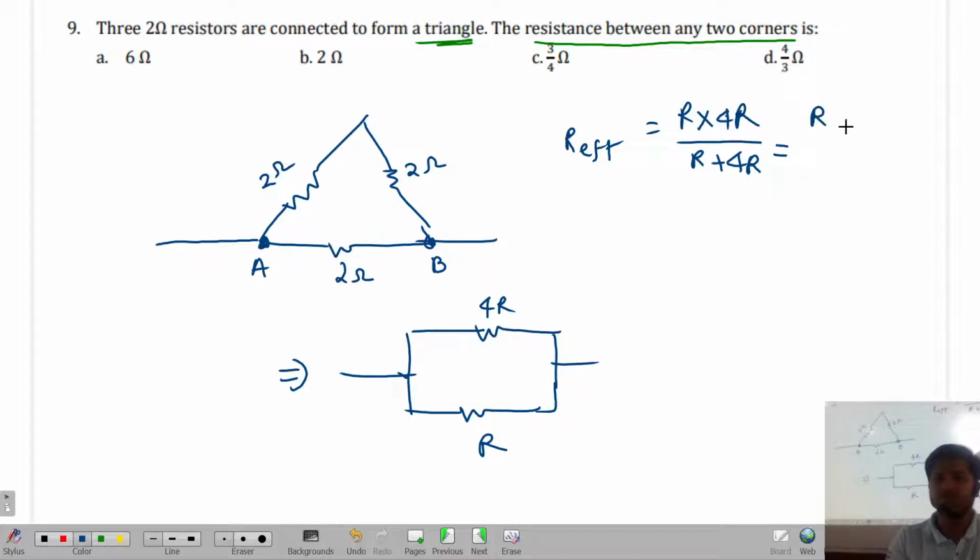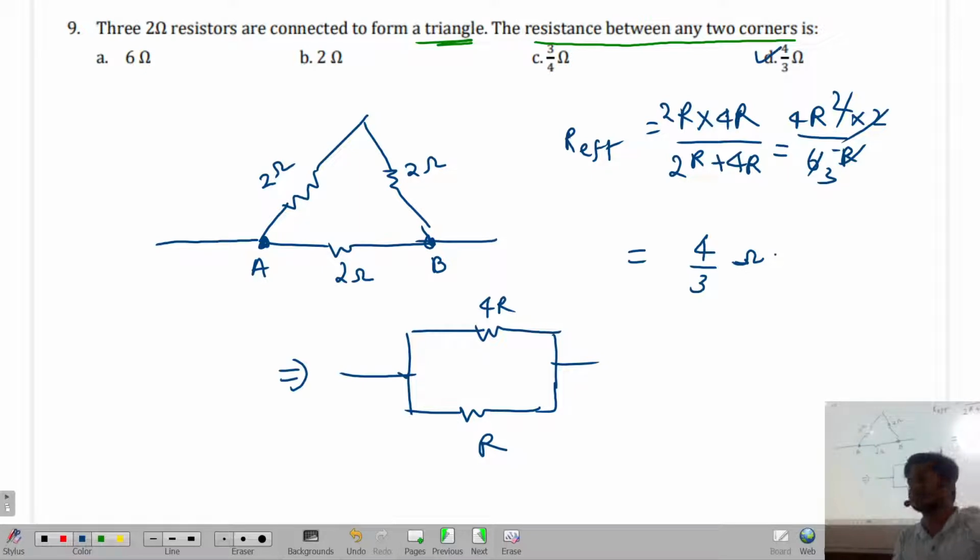R into 4R is 4R square, divided by 5R, and R gets cancelled. So the answer, R effective, is 4 by 3 ohm. Option D is correct.